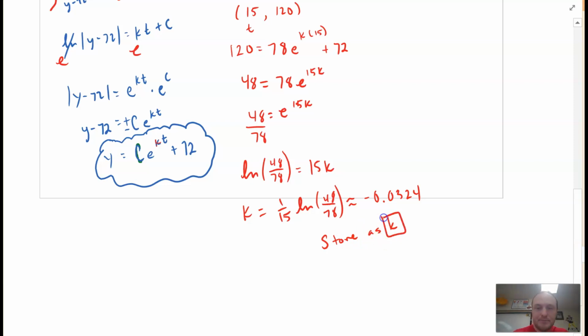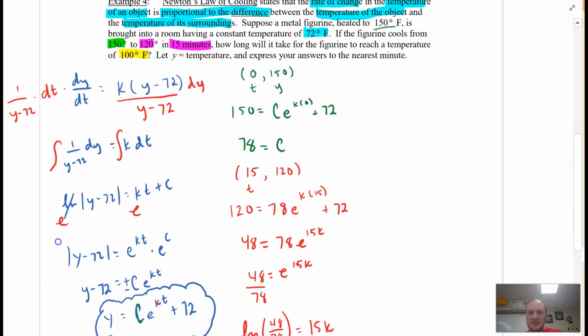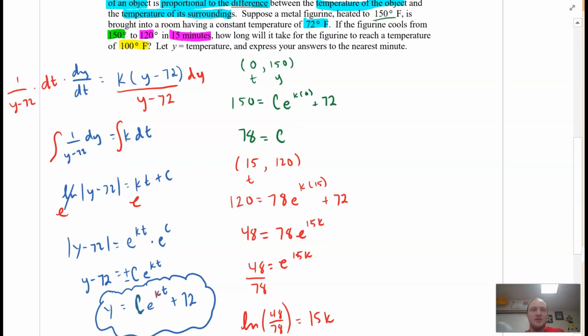All right. So now let's go ahead and answer the final question. They say, how long will it take for the figurine to reach 100 degrees Fahrenheit? They want to know how long for it to reach 100 degrees. So I'm going to say 100 degrees is equal to 78 times e to the power of kt plus 72.